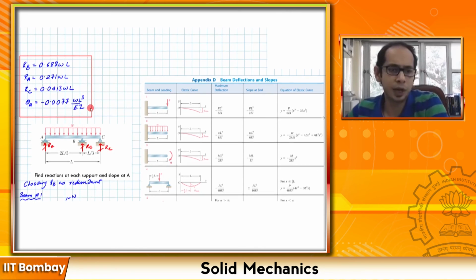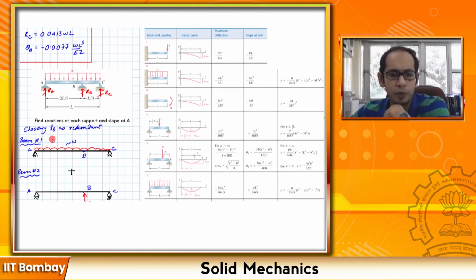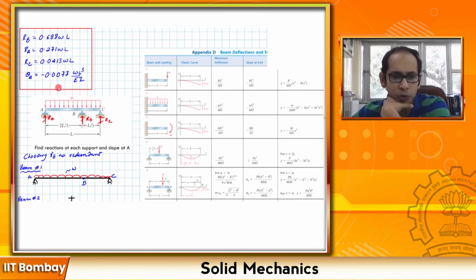These are the overall answers that you get: the reactions at each of the supports and also the slope at the point A. The slope at A you can easily compute, because you get the value of the slope at A for the point load case, and the UDL case also gives you the slope at the ends. So you can simply add the slopes to find the slope for the final overall structure.